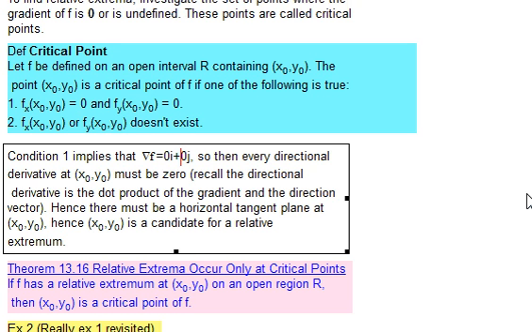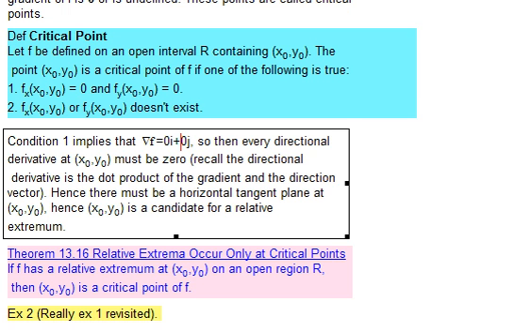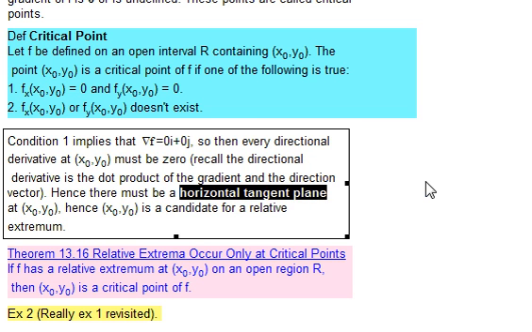What that is saying is that if you try to go in any direction at this point, it's flat. So there must be a horizontal tangent plane at the point (x sub 0, y sub 0). That's the secret.